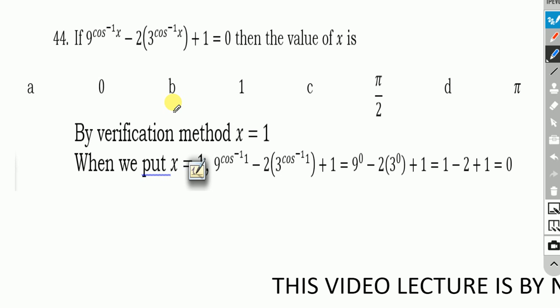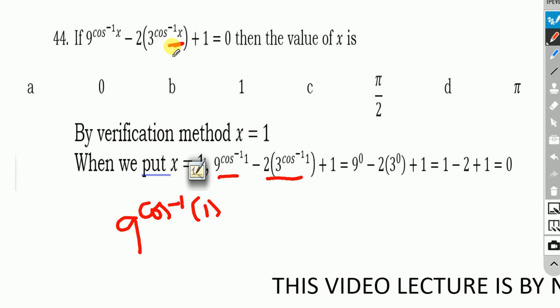I have 9 to the power of cos inverse of 1, minus 2 into 3 to the power of cos inverse of 1, plus 1.